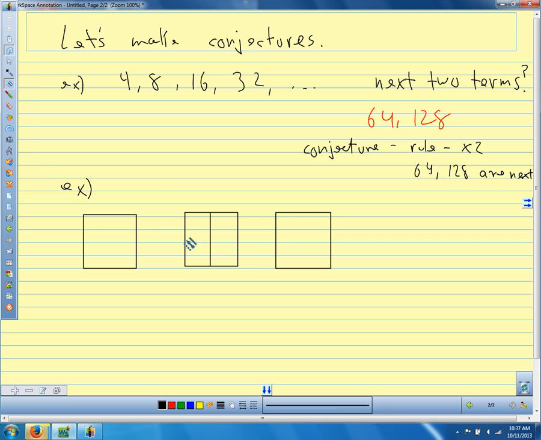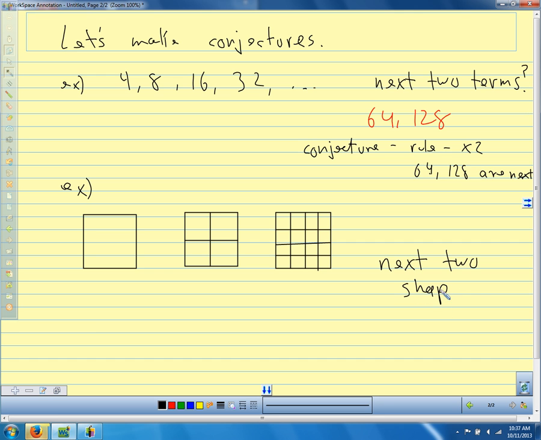And I'm going to try to get it as close as mine. All right, so here's our pattern. Pretend that everything that I've drawn here is perfect, and we want the next two shapes in this pattern.